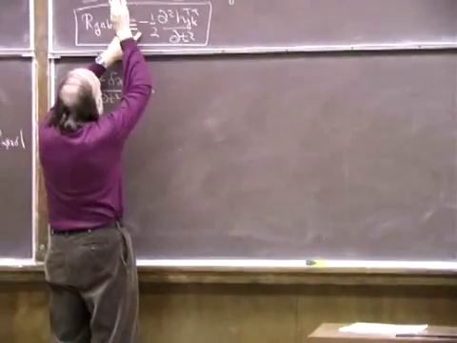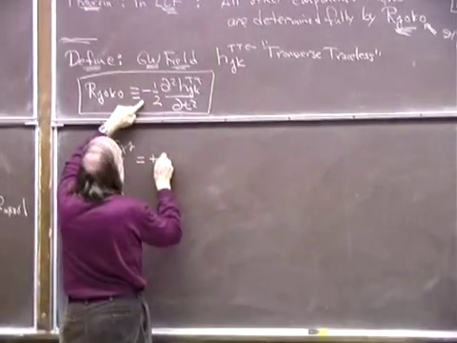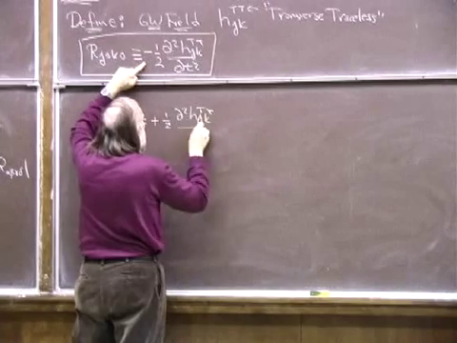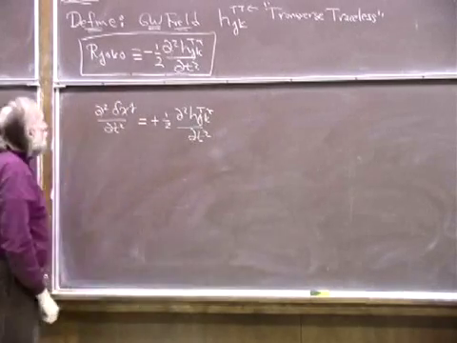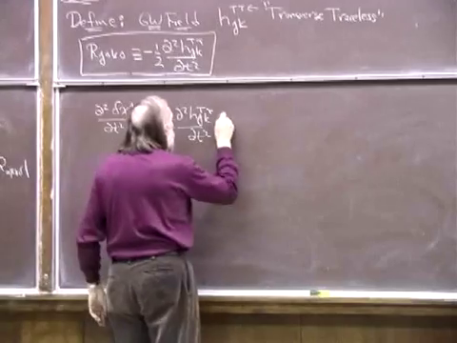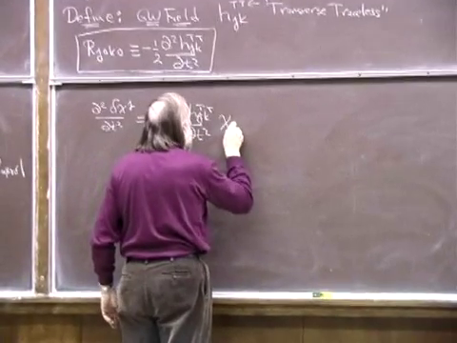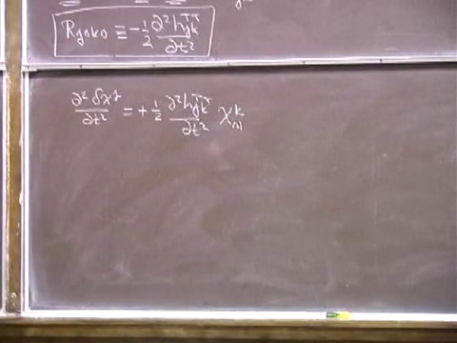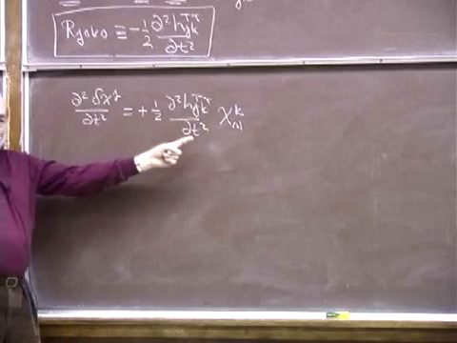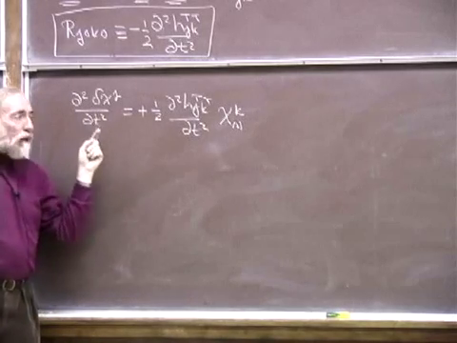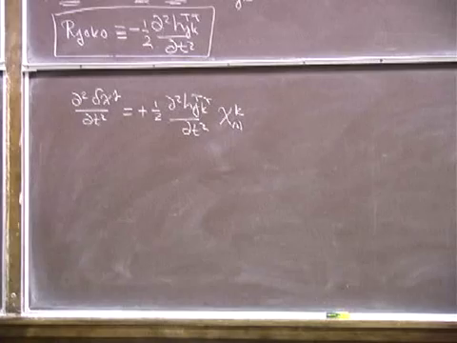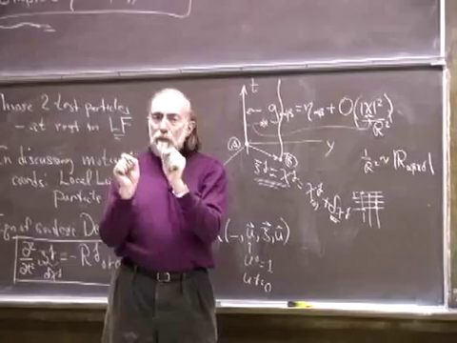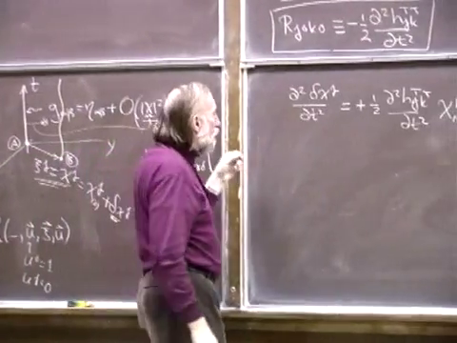So this minus sign and that minus sign up there cancel, and I get 1/2 d squared h_jk^TT dt squared times the unperturbed coordinate location of my particle B. Well, it's easy to integrate this, and my integration constant is determined by the fact that I asked that before the gravitational waves arrive, the two particles are at rest with respect to each other. That was just for simplicity. You can always throw in another integration constant if you wish.